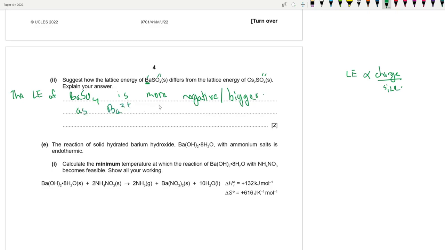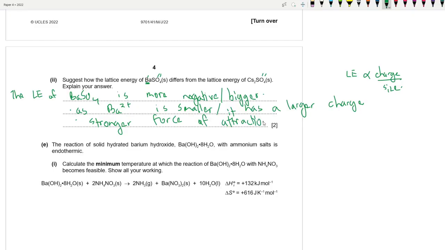As Ba2 plus is smaller, or you could say that because it has a larger charge, so there is a stronger force of attraction between the ions. So in the previous mark scheme, like if you're 2 out of 3, you'd get 2 marks, okay? But recently you have to read all 3 to get 2 marks and 2 to get 1 mark, okay? So please learn from this mark scheme and please follow this mark scheme. This is the way to go, okay?